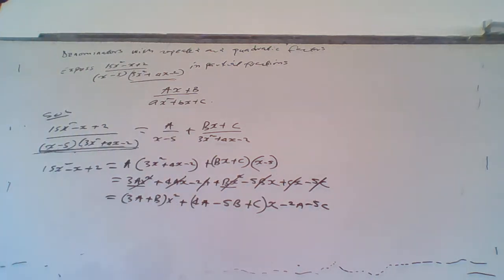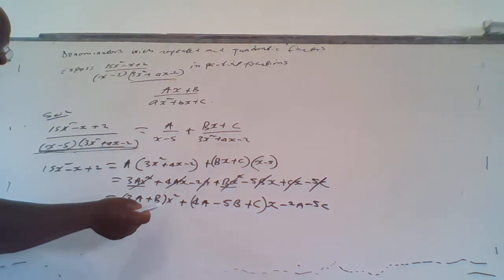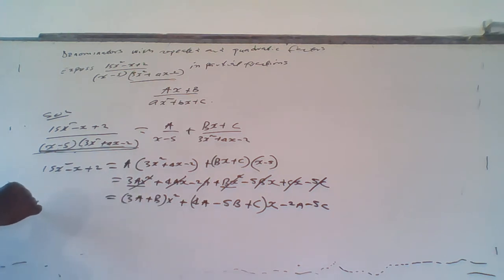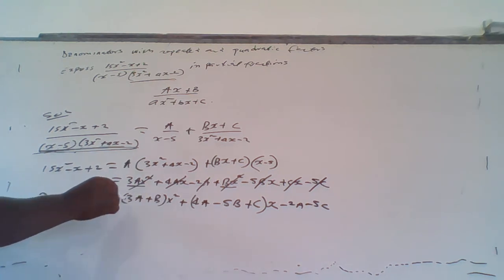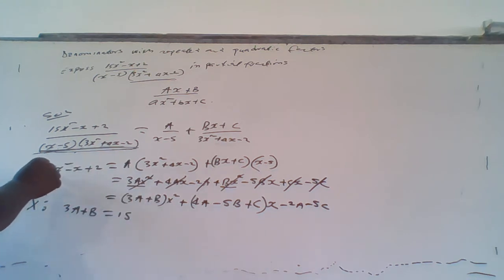We are done with that. So once we have done this, then we equate the corresponding coefficients of x. The highest power of x is x squared, so we shall start with x squared. So we shall have 3a plus b equals 15.